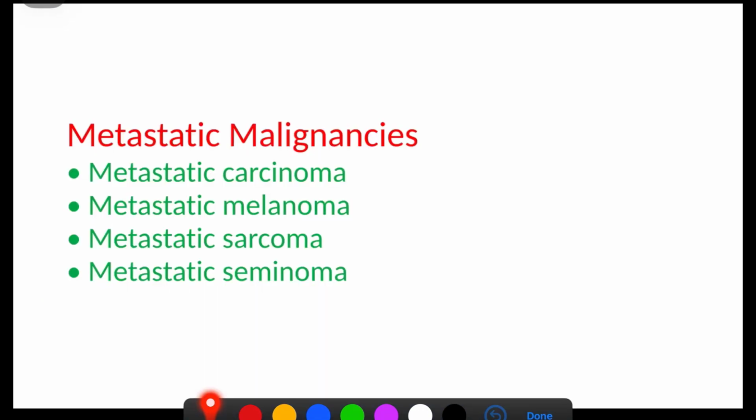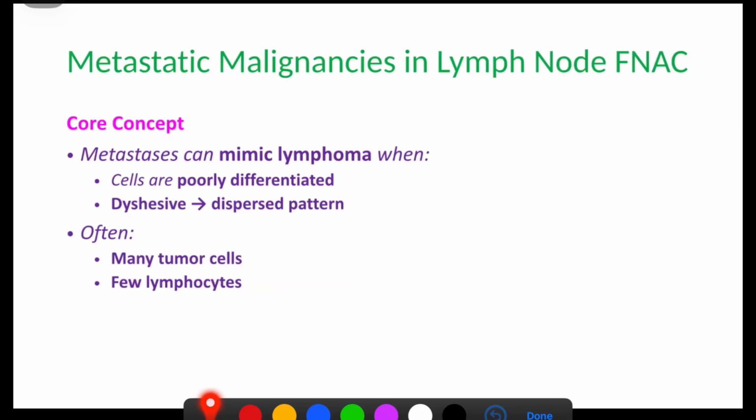Now after all these lymphomas and the lymphomatoid variant, let's see some metastatic malignancies which show a large cell pattern mimicking lymphoma, including metastatic carcinoma, melanoma, sarcoma and seminoma.